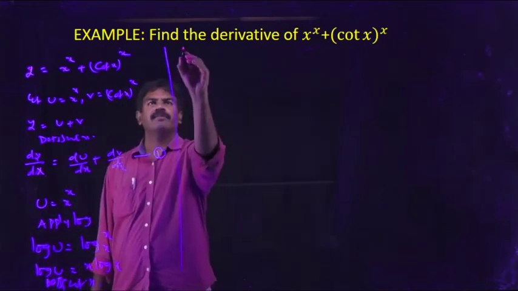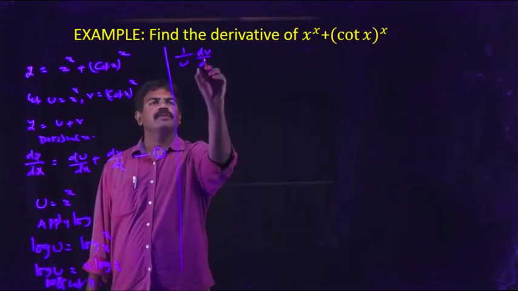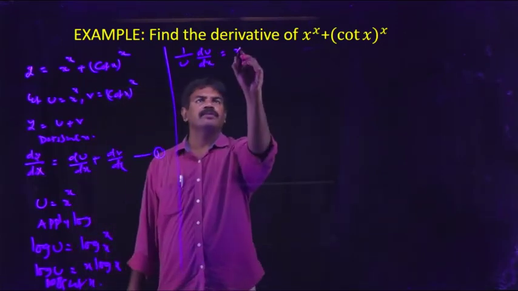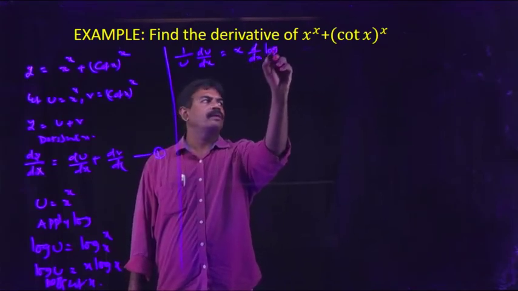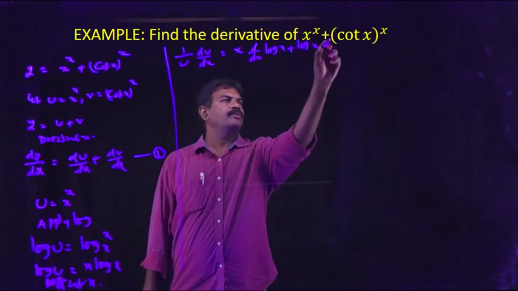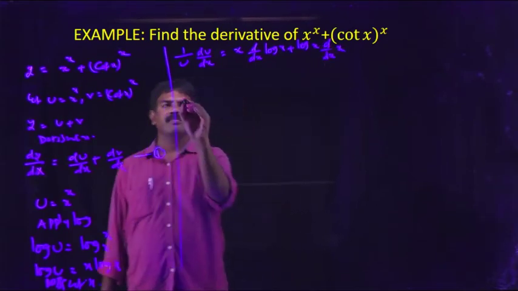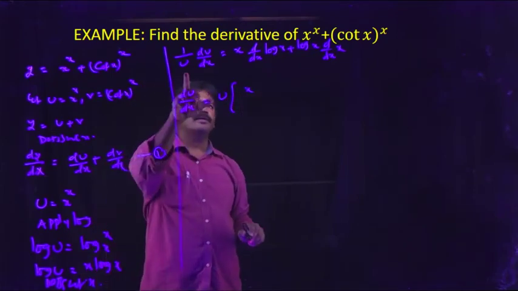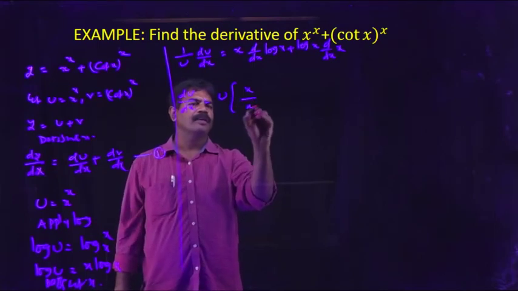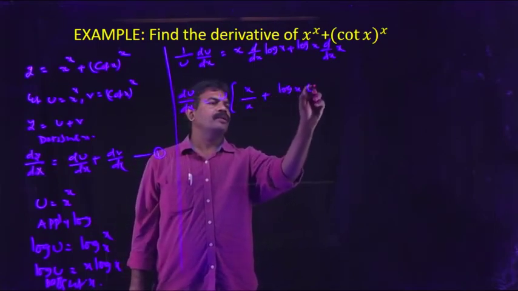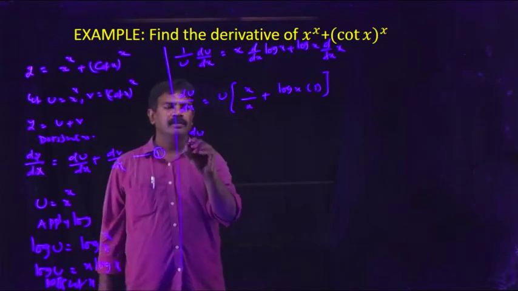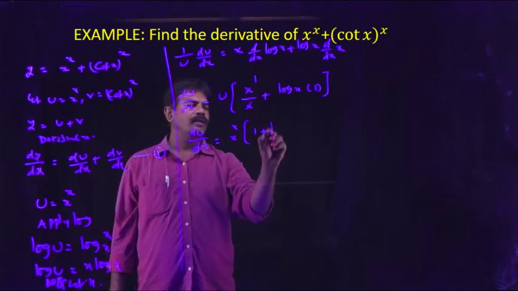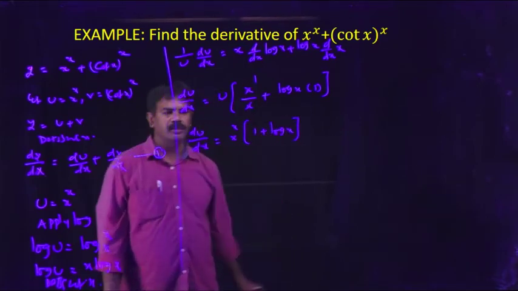That is, derivative of log u is 1 by u into du by dx, that is equal to, it is uv formula, that is x into d by dx of log x plus log x into d by dx of x. Du by dx is equal to u into x into derivative of log x is 1 by x plus log x into derivative of x is 1. That is du by dx is equal to, u means x power x into 1 plus log x. This is du by dx.